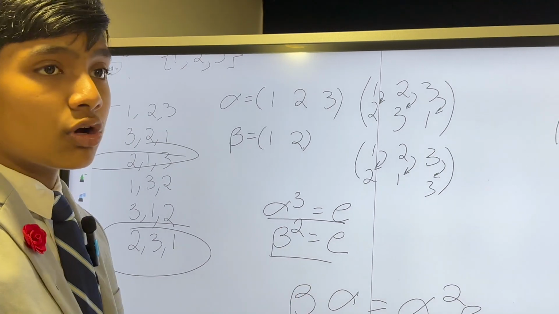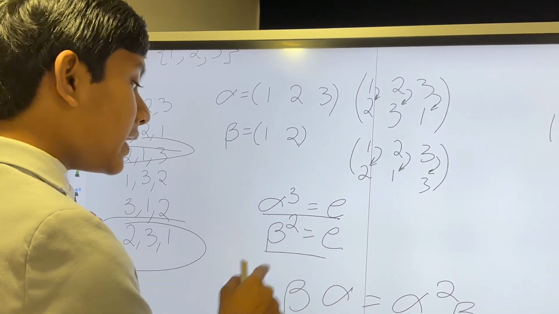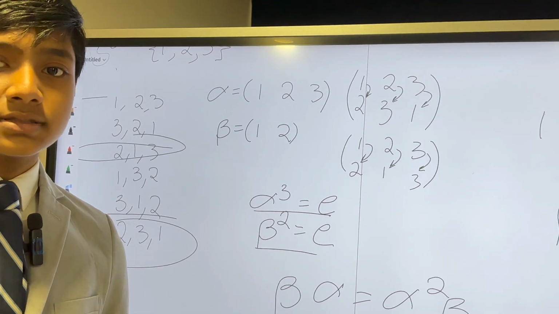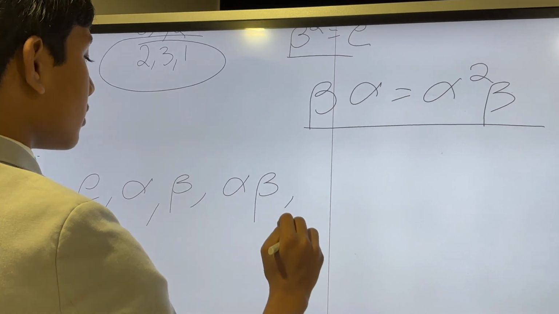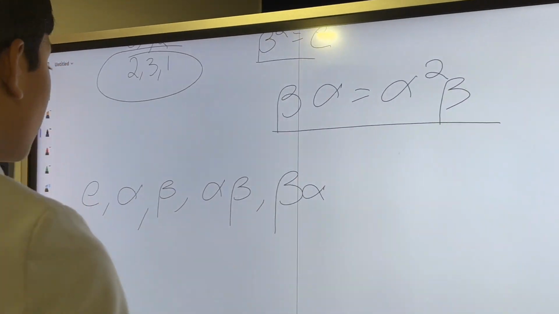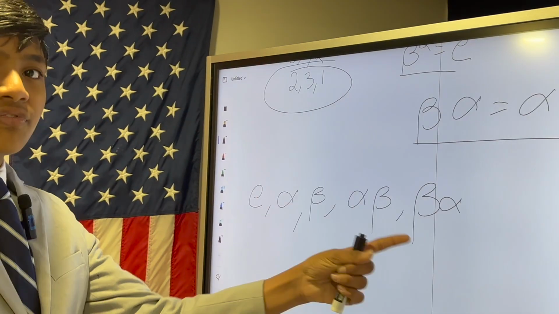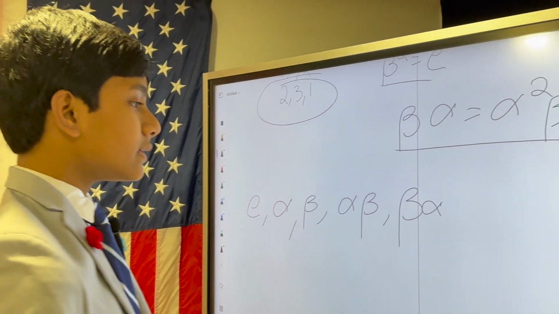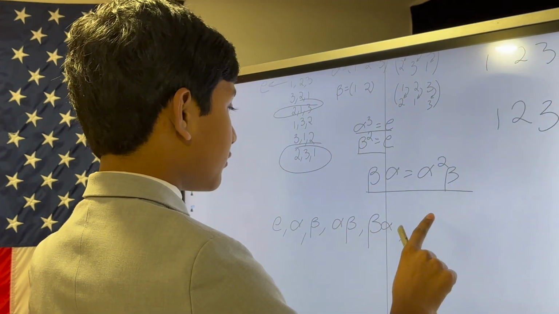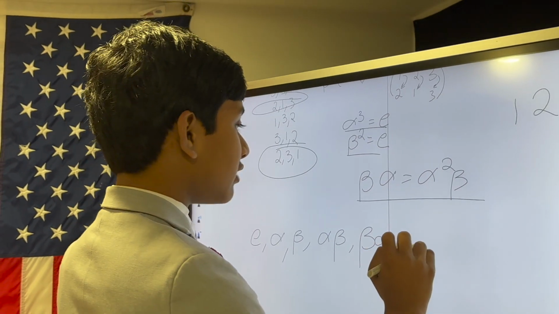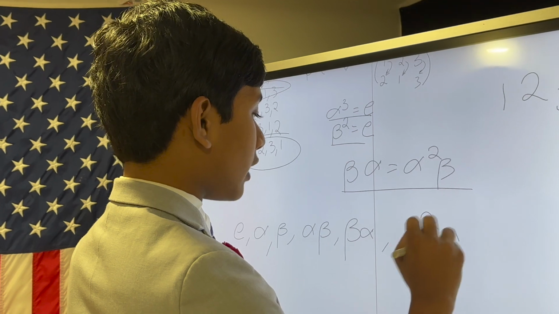Alpha cubed is a no-go because that's just the identity. Beta squared is also a no-go because that's just the identity. So we can apply alpha, beta. We can apply beta, alpha. And so far, that's 1, 2, 3, 4, 5 combinations. And as you can probably guess, the sixth combination is not going to be alpha squared beta, since that's the same as beta alpha. It's going to be beta squared alpha.